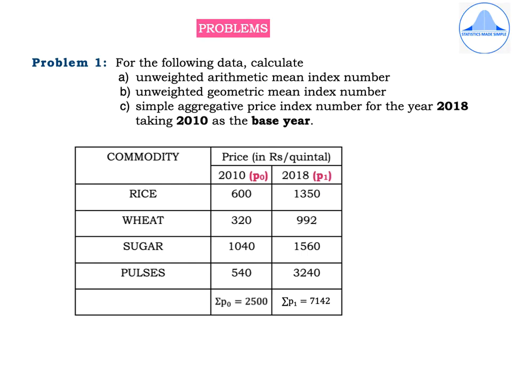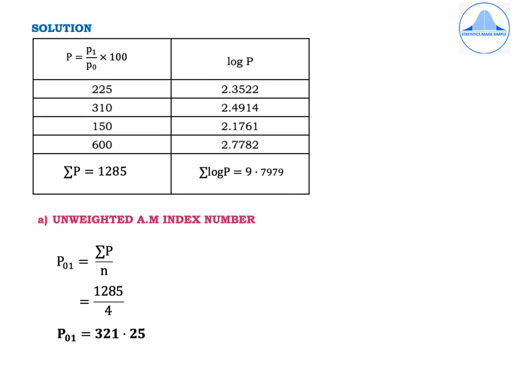So now the first step is, you know that the price in the base year is denoted by P0. In the table, I have marked in pink color P0, and similarly the prices in the current year 2018, you mark them as P1. Starting with the solution, form 2 columns. In the first column, we'll find out the price relative capital P, which has the formula P1 by P0 into 100.